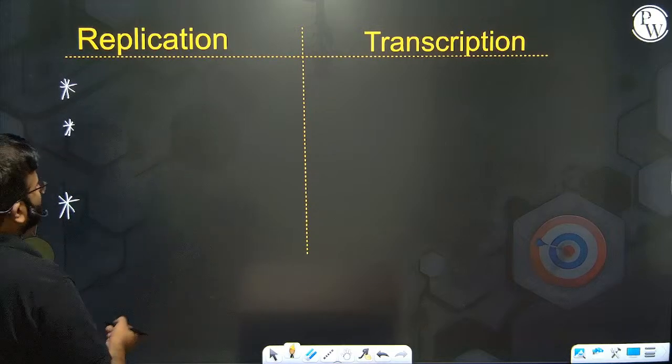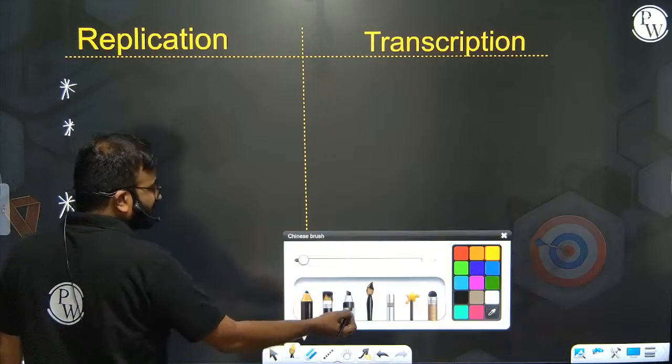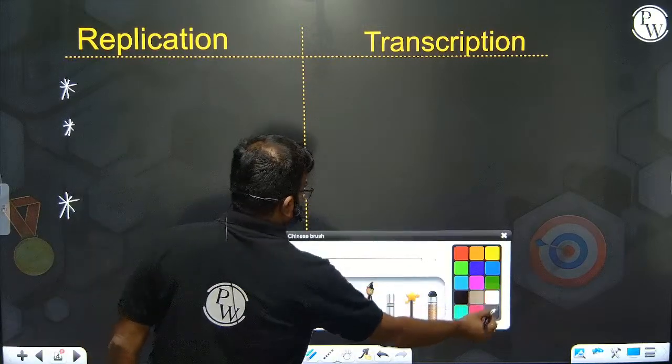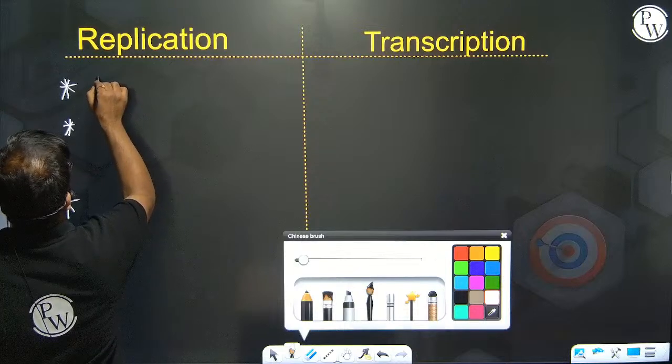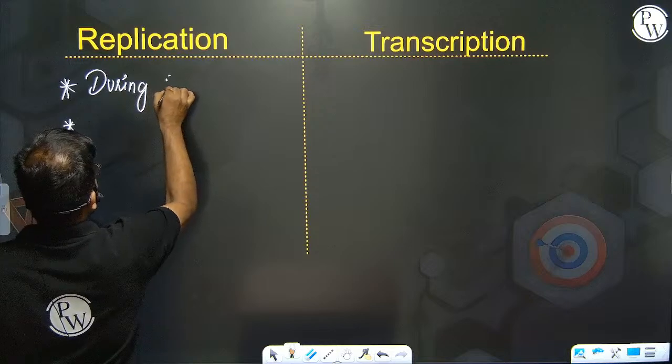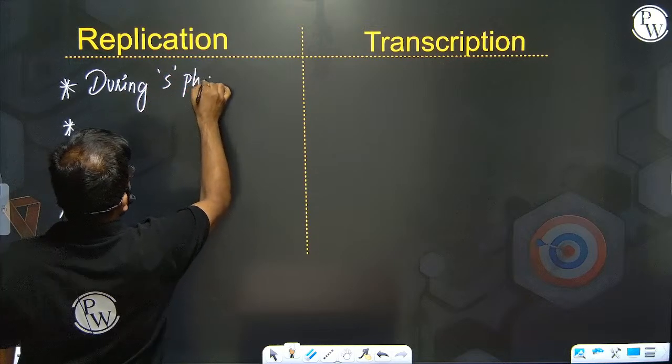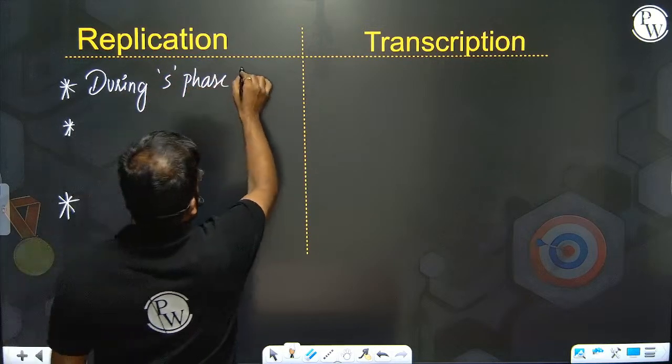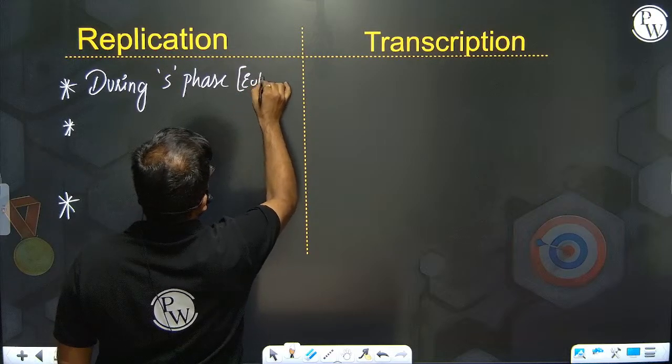So when does replication occur? As you know, replication occurs during S phase. Obviously, I am talking about eukaryotes.